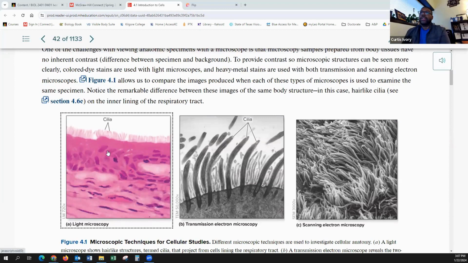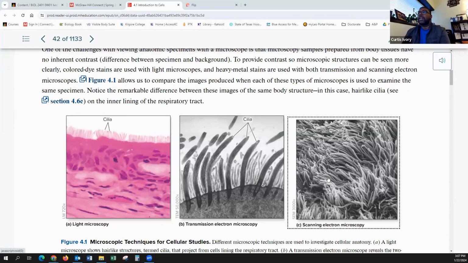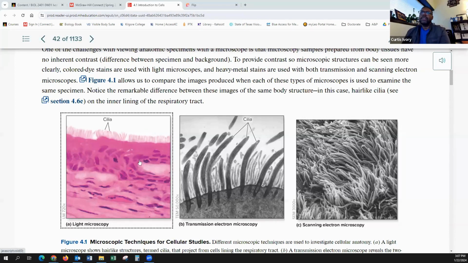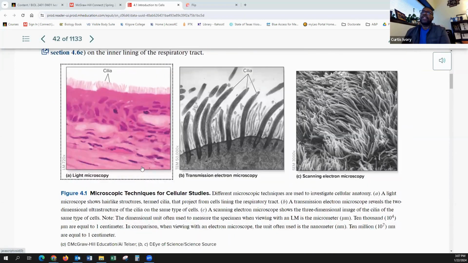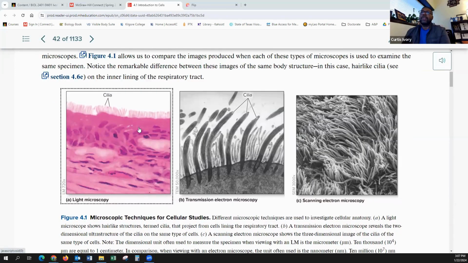And so we have to have something that's able to see at that magnification. So there's a few different types of microscopes. You have light microscope, transmission electron microscope, and scanning electron microscope. With a light microscope, the specimens that we look at have to be so thin that light can pass through them. And that is what allows us to see those images in the microscope.